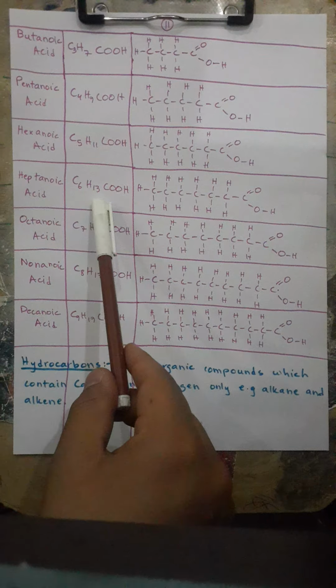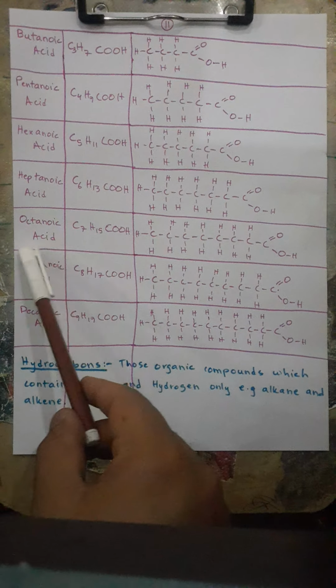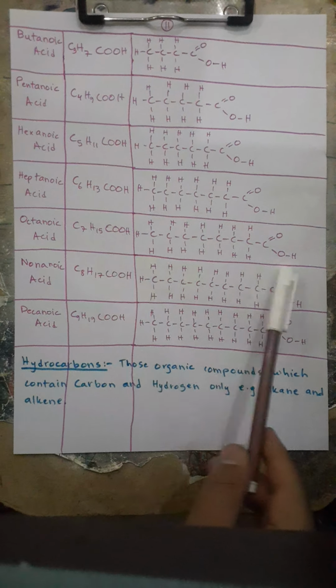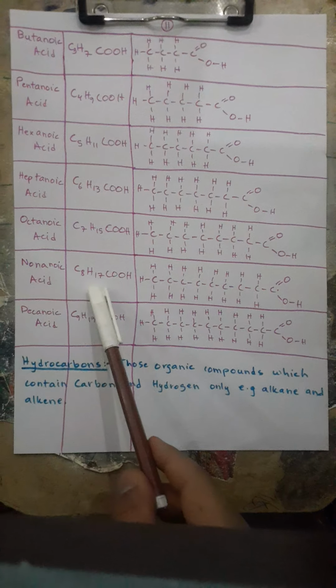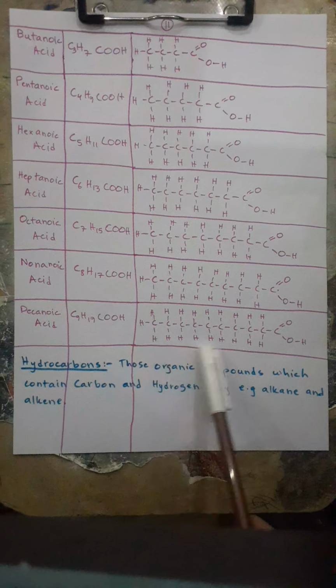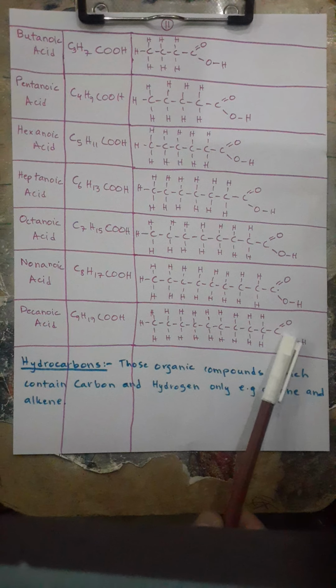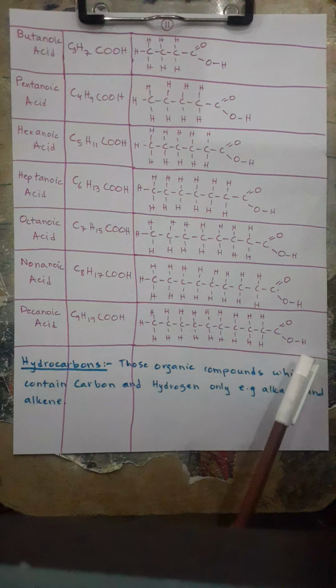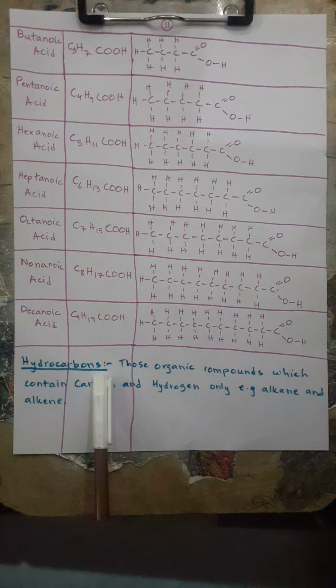Heptanoic acid C6H13COOH. Octanoic acid C7H15COOH. Nonanoic acid C8H17COOH, and decanoic acid C9H19COOH, and here's the structure: COOH in the end.